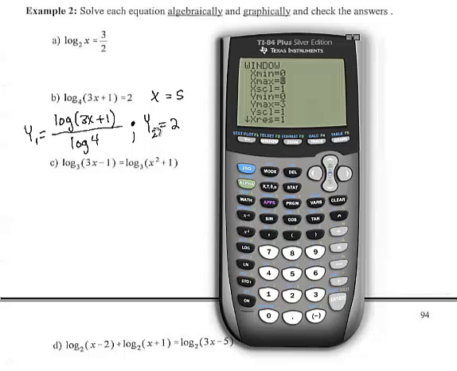We know that we want a y max beyond 2, so 3 is good, from 0 to 3. And then we have a good feeling that x equals 5 is going to be our solution, so we'll go out to x equals 8.